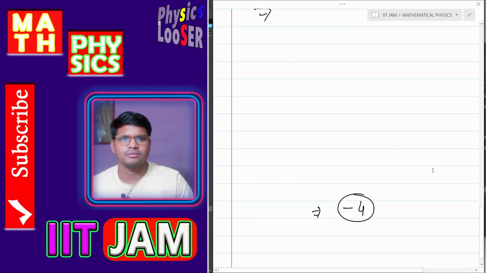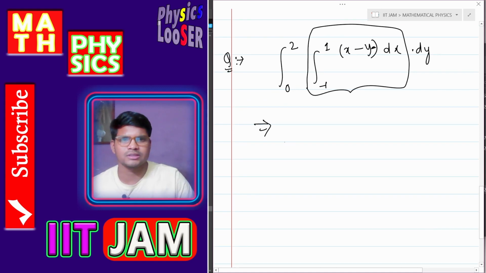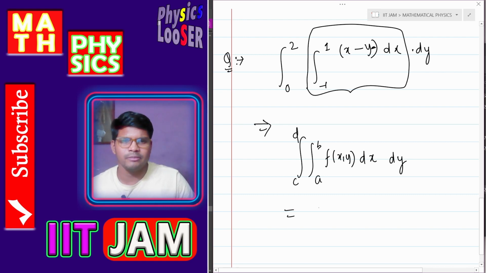For example, when you are exchanging the limits, what you are required to do is, let us say, integral a to b of f of x comma y dx, and there is dy, with limits c comma d. This will be equal to, if you are exchanging these two positions, then you have to select f of x comma y, since y is equal to c and y is equal to d, x is equal to a, x is equal to b.